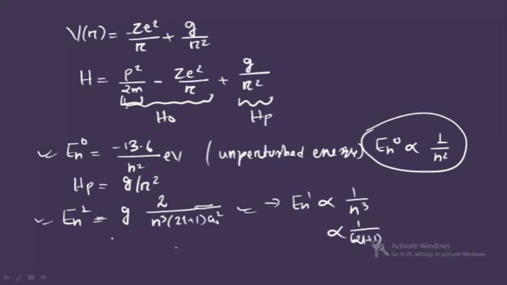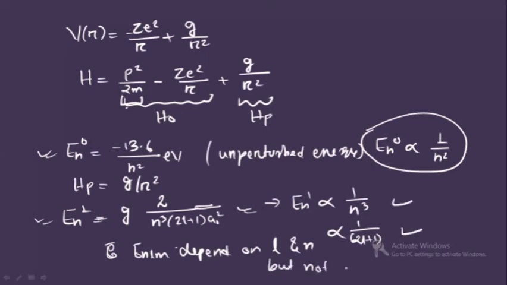So that means the energy E_nlm depends on n and l, but not on m.